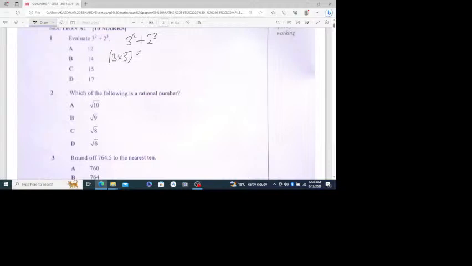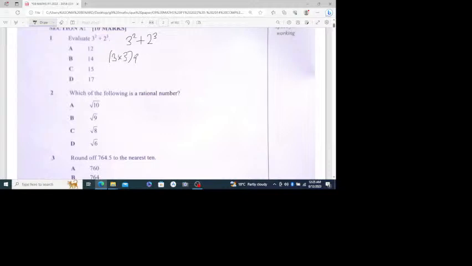But if you know BODMAS, you don't even have to put these numbers in brackets, because BODMAS tells us that we first multiply before we add.